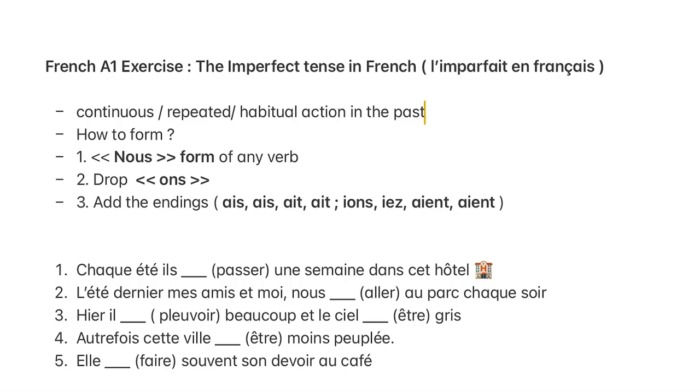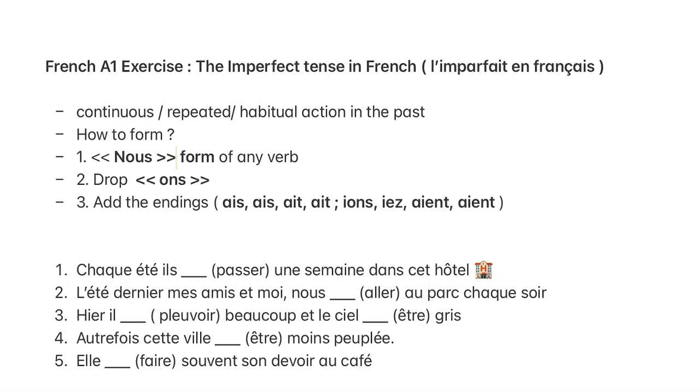Now, to form the imperfect tense or l'imparfait, we first take the nous form, that is, we take the first person plural of any given verb. We conjugate the verb with respect to the subject pronoun nous.